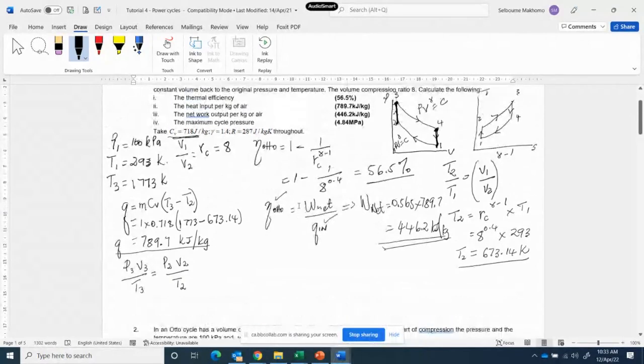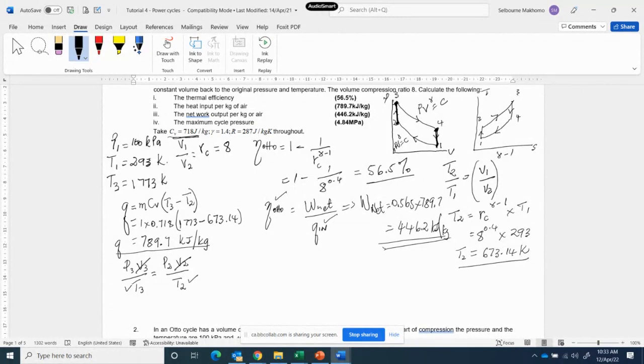But from a PV diagram, V2 is equal to V3, so they cancel. We have T3, we have T2, but we don't have P2. How do we calculate P2?